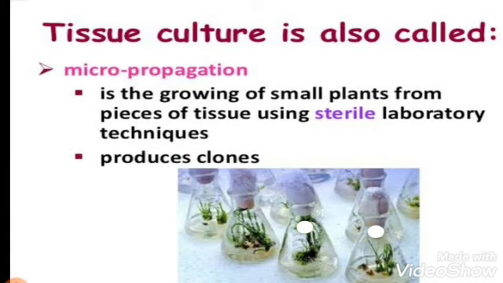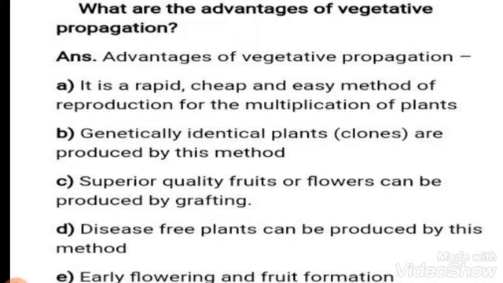Here artificial environment means under laboratory conditions. That's all for asexual reproduction in lower and higher plants. So just go through the advantages of vegetative propagation once again.